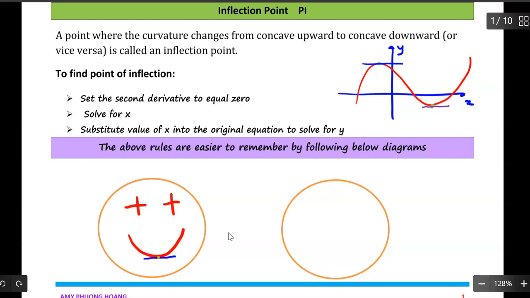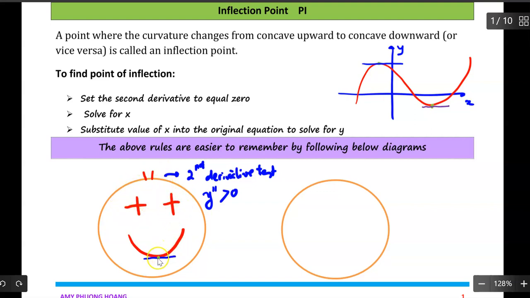So to remind you to use the second derivative, I would draw two pieces of hair on this face. In this case, I would like everyone to note that this is the second derivative test. Okay, so y double prime is greater than 0. If the second derivative is greater than 0, it means it's positive.